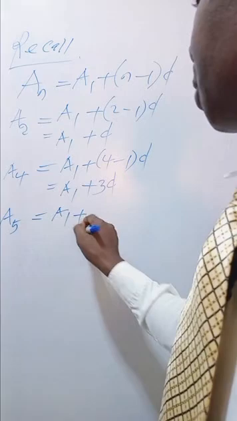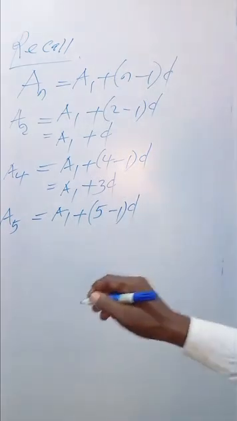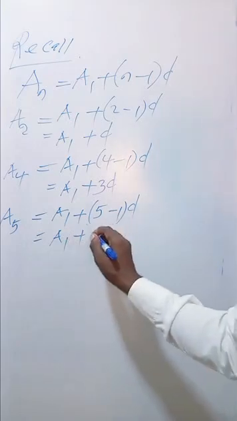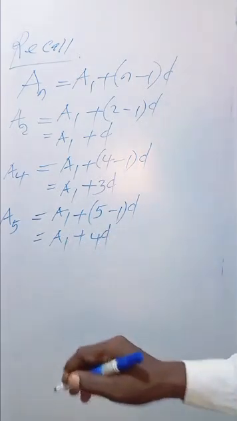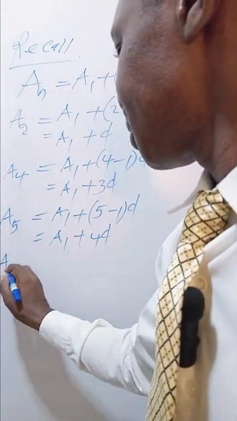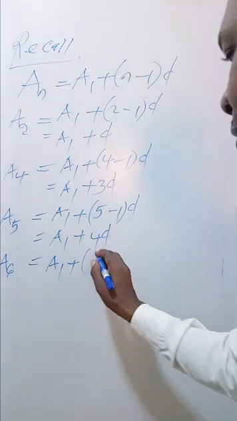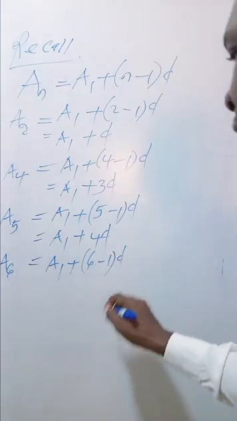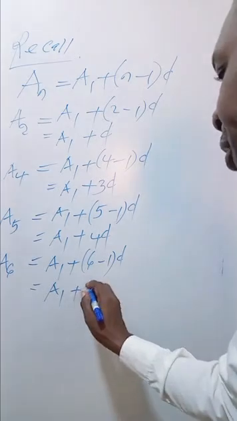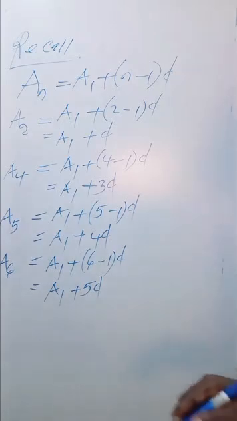This equals A1 plus 5 minus 1 times D, which gives us A1 plus 4D. What about our A6? A6 is given by A1 plus 6 minus 1 times D, which gives us A1 plus 5D. So this is the given information.